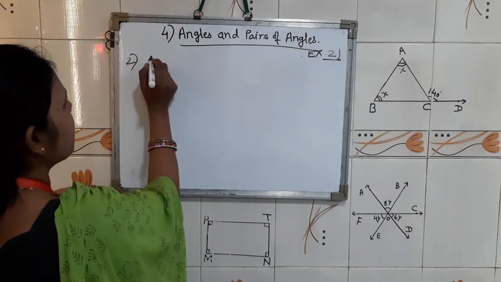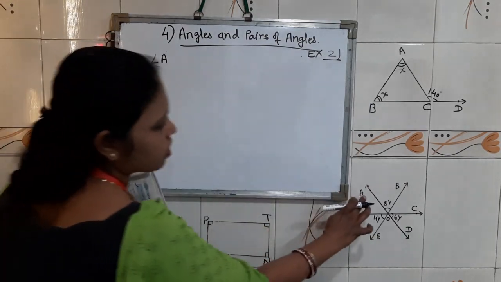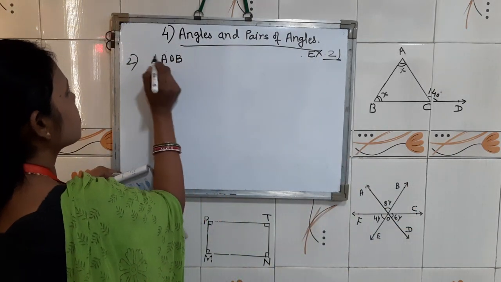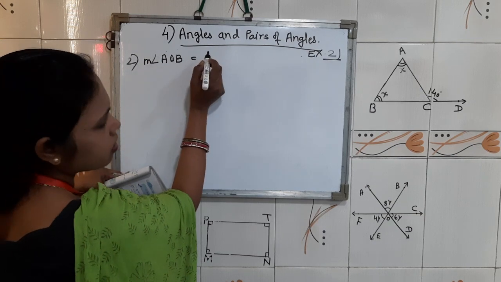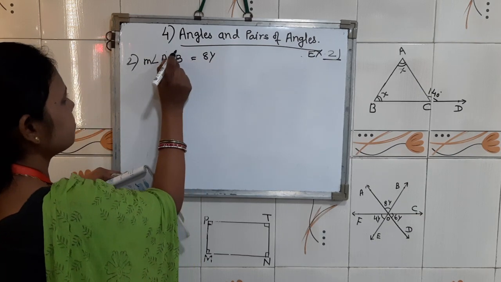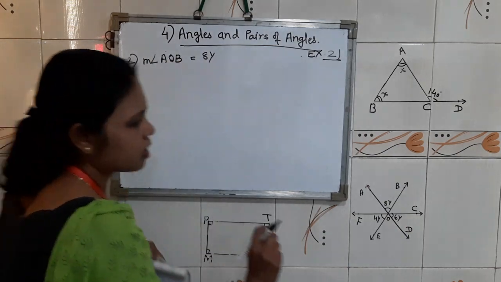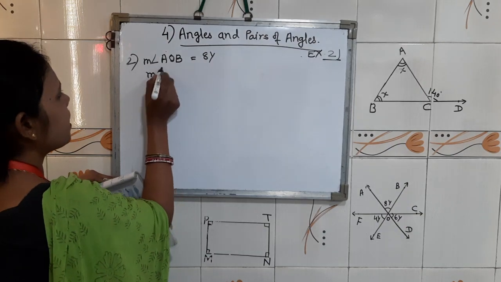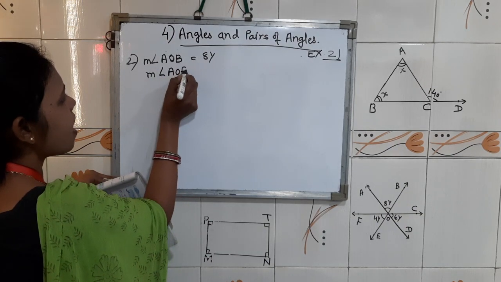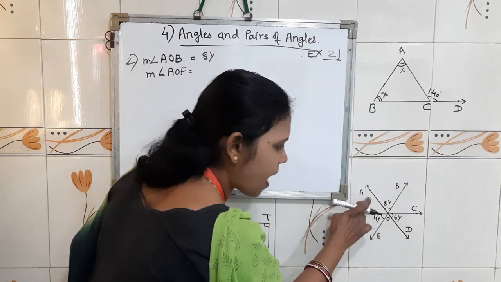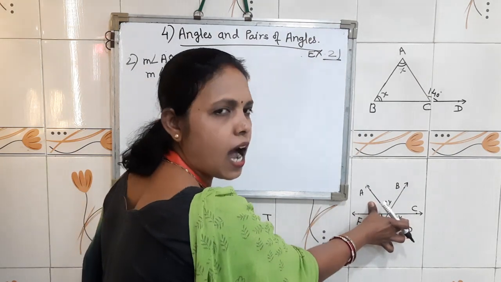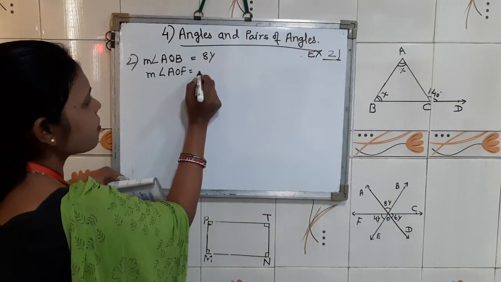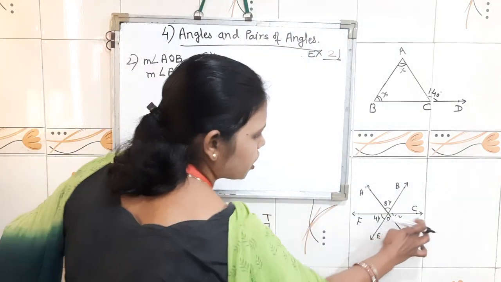So, write down measurement of angle AOB equal to 8Y. Next one, angle AOF. Measurement of angle AOF equal to 6Y. Why? Because these two are making vertical opposite angles, equal. That's why we are writing measurement of angle COD.